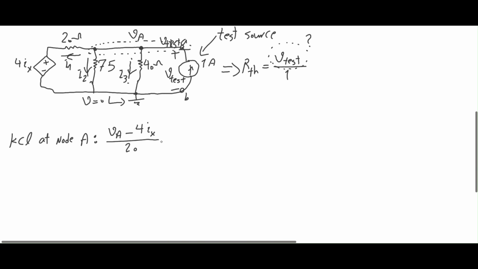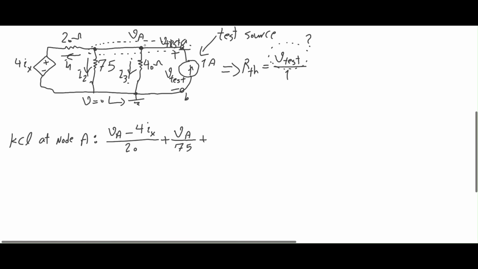It's 20 ohms, right? Plus, same method, this time for 75 ohms. So that becomes VA minus, this is the ending point of I2. So what's the voltage here? That's our reference voltage. Yes, it's 0. So minus 0 divided by 75. What else?